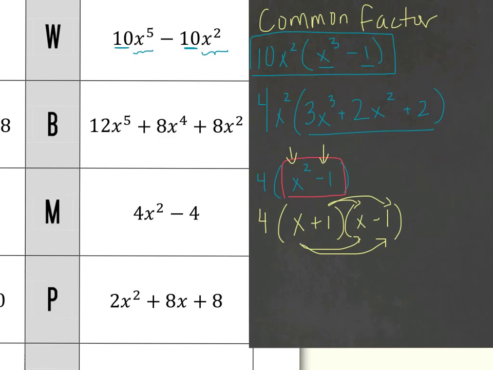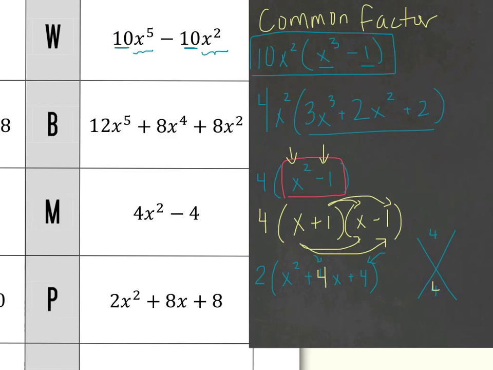Go ahead and look at our last one. Again, the common factor is what we're looking for, so we can actually take a 2 out of all of those. I'm left with x squared plus 4x plus 4. So now we do need to factor this. And so we're going to go ahead and do our diamond problem. 4, which is actually that 4, goes on top. And this 4, which is actually this 4, goes on bottom. I can color code that.